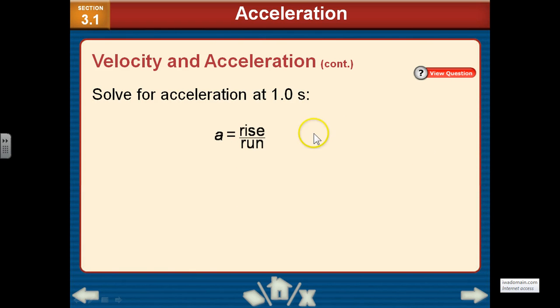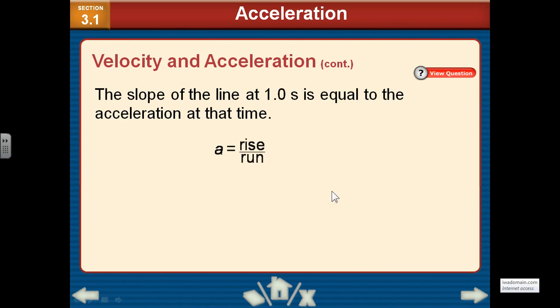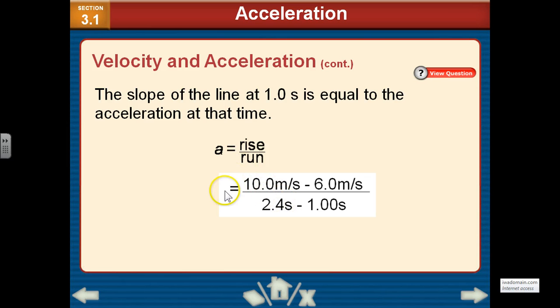So the acceleration at 1 second is rise over run. We take a couple of points fairly close together this time because we want to look at the tangent line. We have 10 minus 6 is 4, and 2.4 minus 1 is 1.4, and we divide it all out and get 2.9 meters per second squared. Meters per second divided by seconds is meters per second squared.